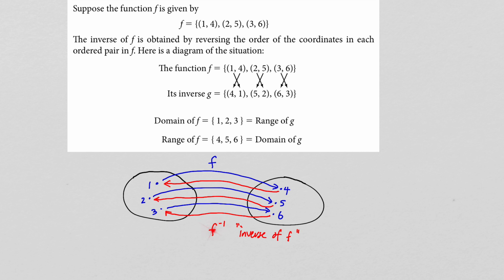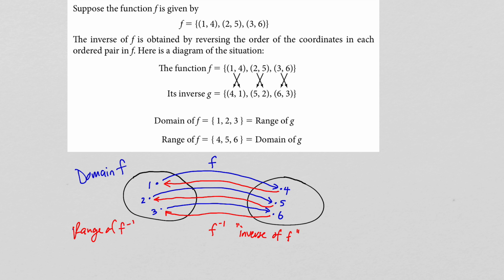Now, the inverse function is a function in its own right. So in other words, the domain of your inverse function, in this case, would be the numbers 4, 5, and 6. And your inverse function is taking those numbers and sending them back to the numbers 1, 2, and 3. So this set over here is the domain of f, but it is the range of f inverse.